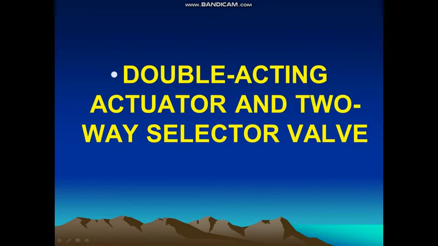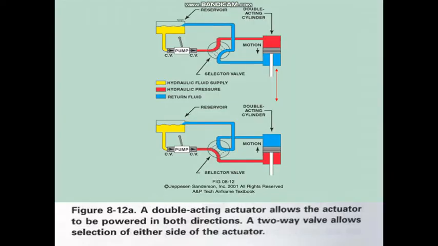Double acting actuator and two-way selector valve. A double acting actuator allows the actuator to be powered in both directions. A two-way valve allows selection of either side of the actuator.